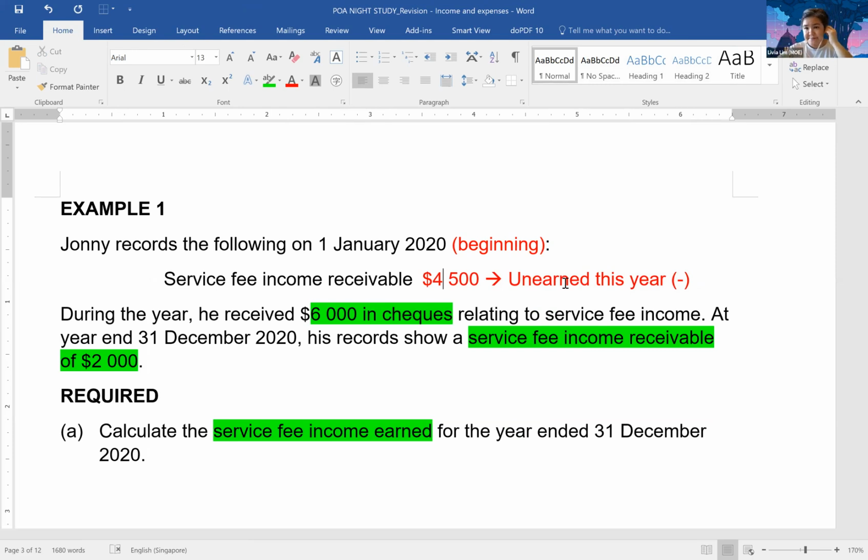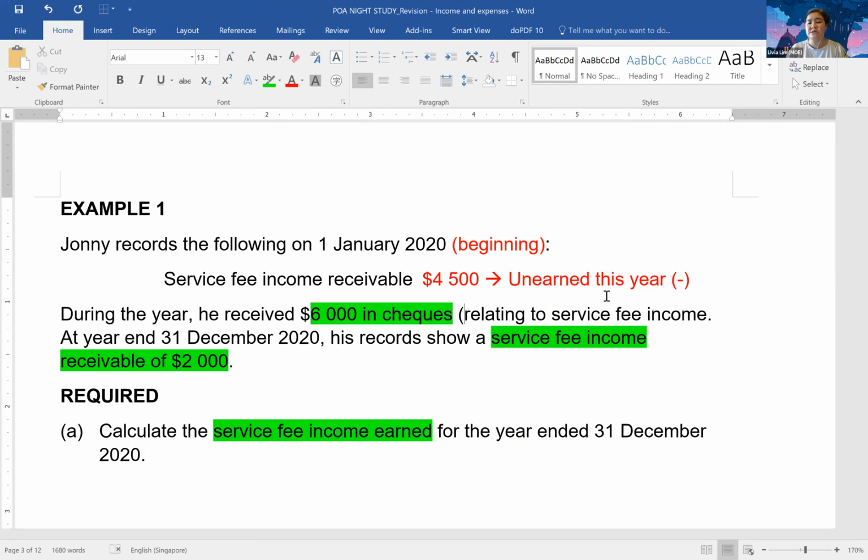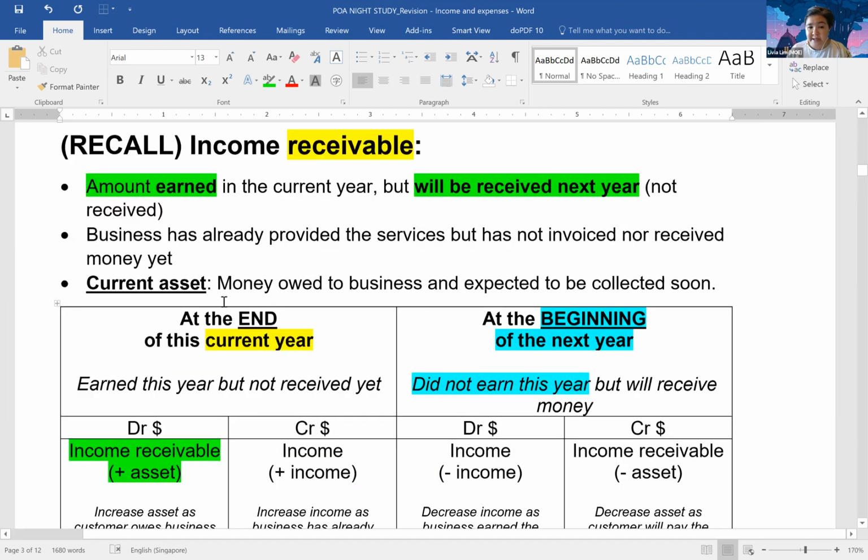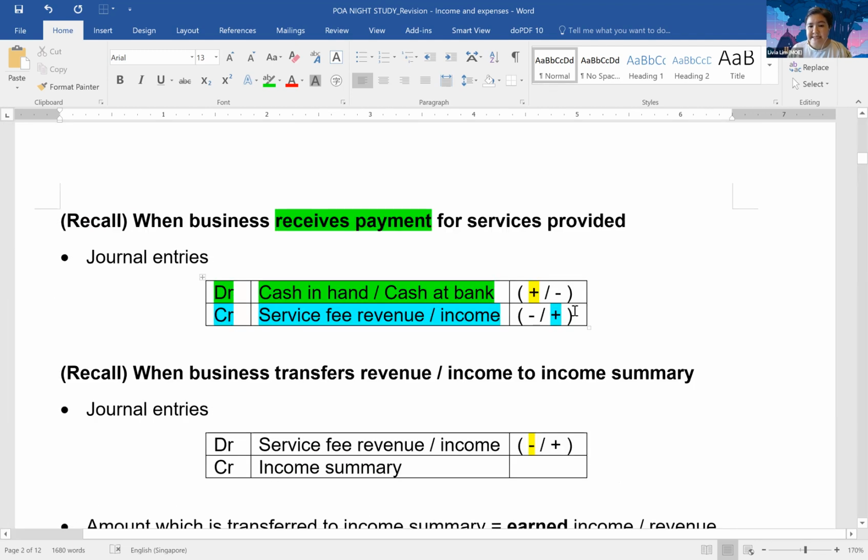Everybody okay? Okay. So the next thing is this $6,000 in checks. Recall to yourself, what is the double entry when you receive a $6,000 check? So I go up and see the double entry again. When you receive payment, the double entry is this that I'm highlighting in red color now.